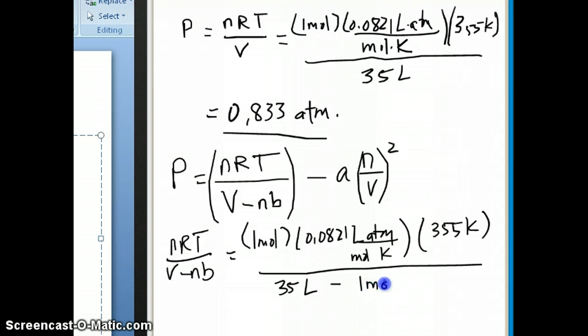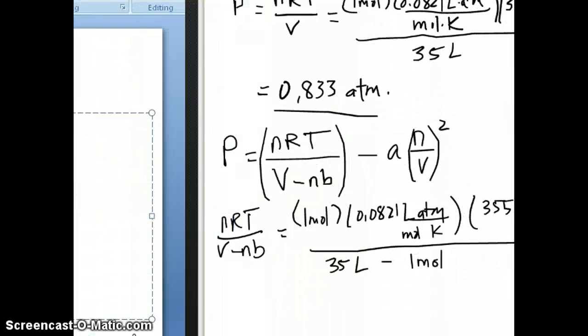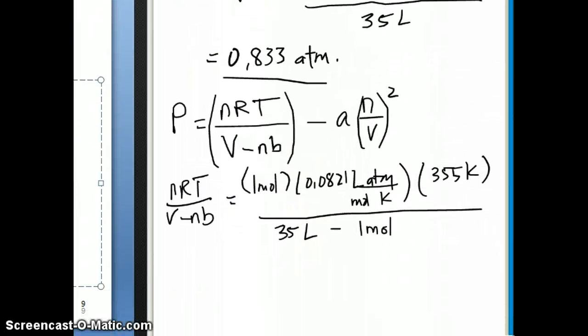So n is 1 mole, that's just the number of moles. If you look back at the question itself, it tells you actually what the value of b is, and b in this case is given as 0.08407 liters per mole, so that's what I'm going to put in my numbers here. It's going to be 0.08407 liter per mole.